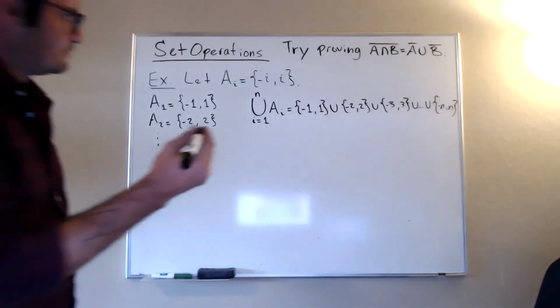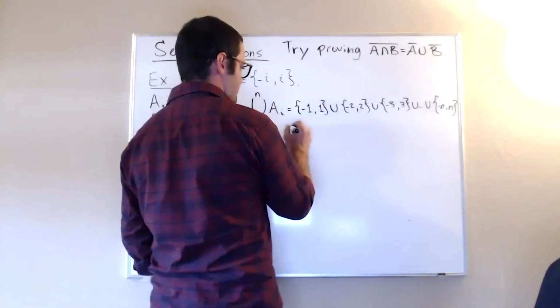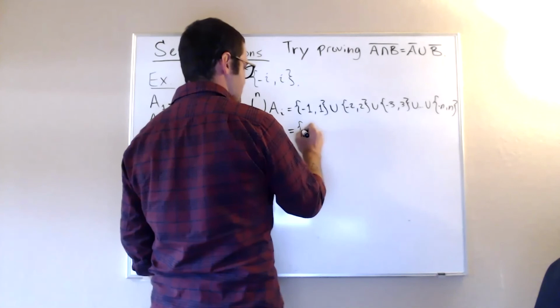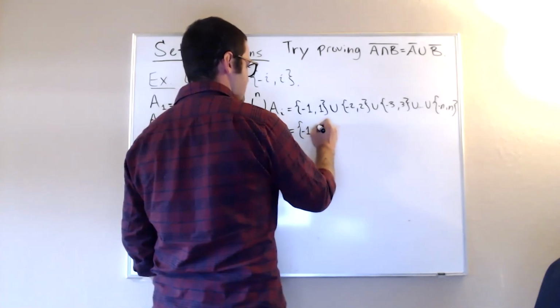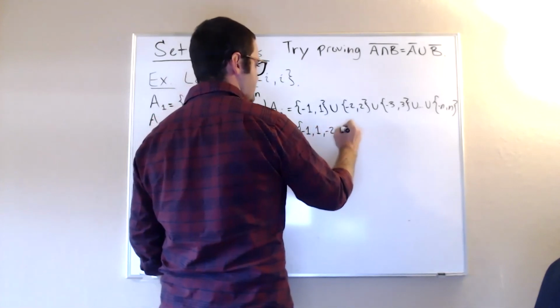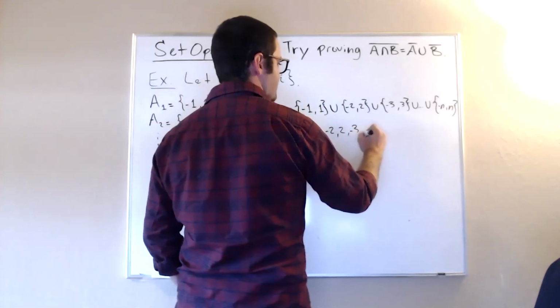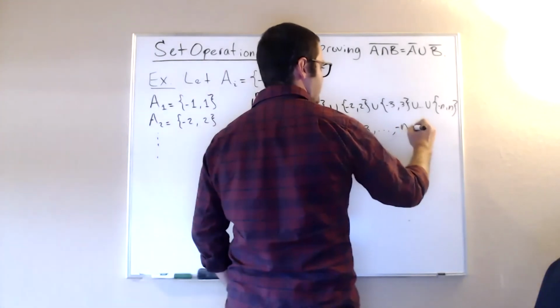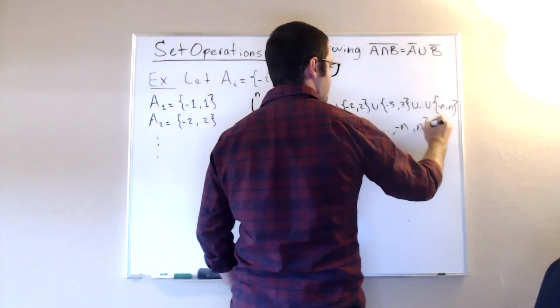Okay, so altogether this should look like negative 1, 1, negative 2, 2, negative 3, 3, dot dot dot, all the way up to n, where n is a positive integer.